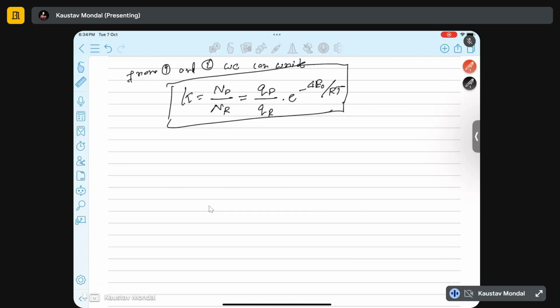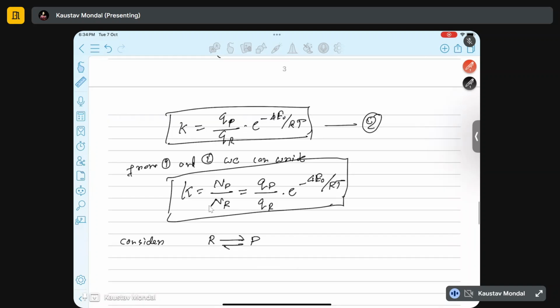Okay, so let's now do an example like this. Let's consider a similar reaction. The reactants give you the product and the whole thing is in equilibrium.